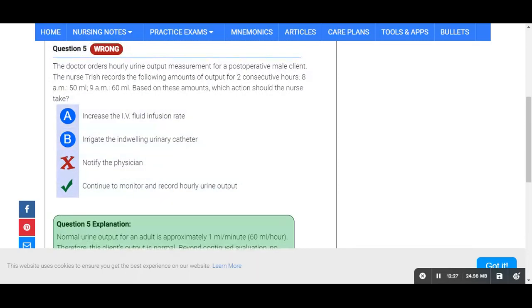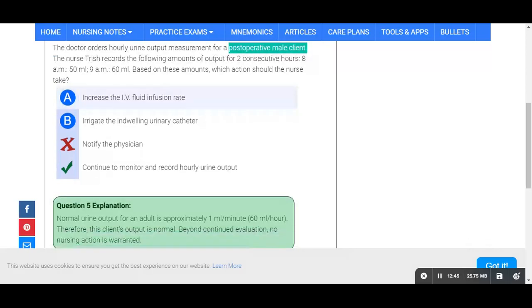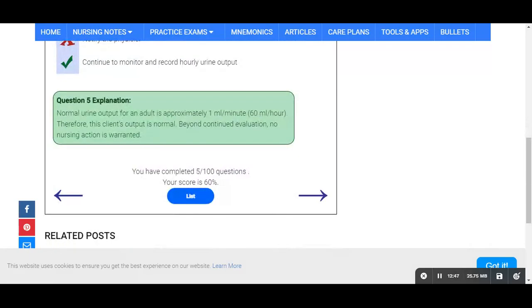The urine output varies per person depending on the weight. It says here we only have this post-operative male client, and we assume that 60 kilograms is the normal urine output for an adult.